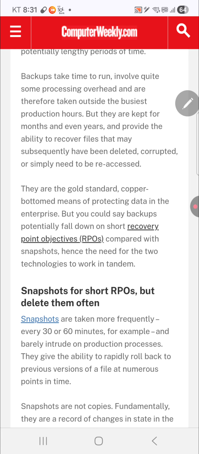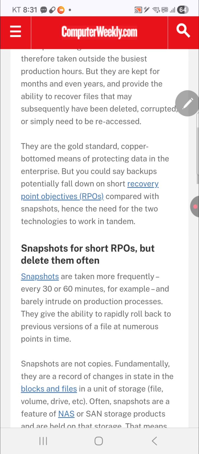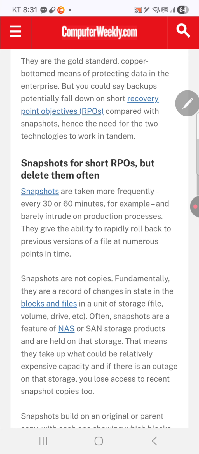They are the gold standard, copper-bottomed means of protecting data in the enterprise. But you could say backups potentially fall down on short recovery point objectives, RPOs, compared with snapshots, hence the need for the two technologies to work in tandem.